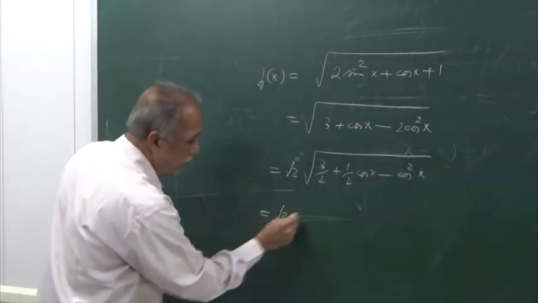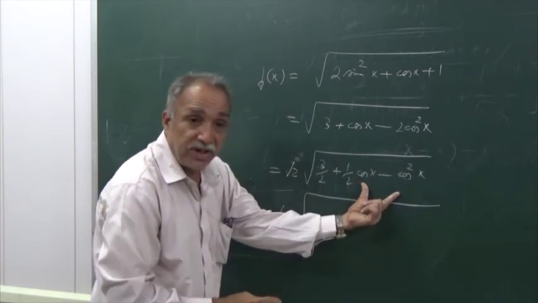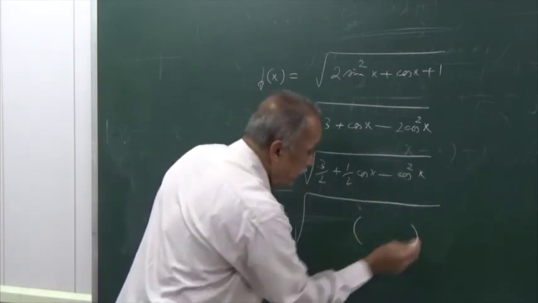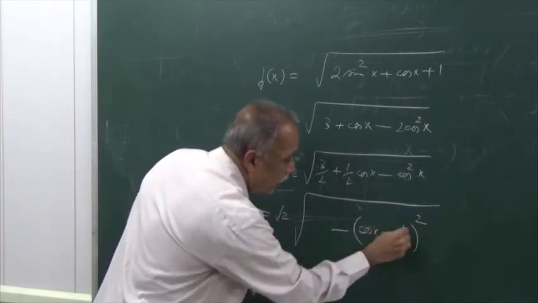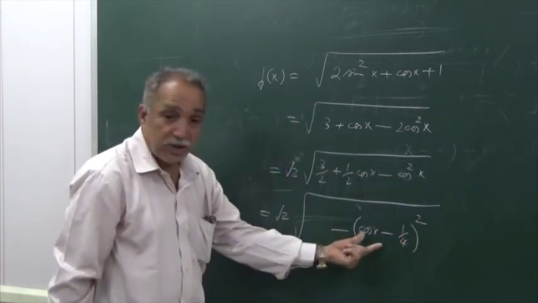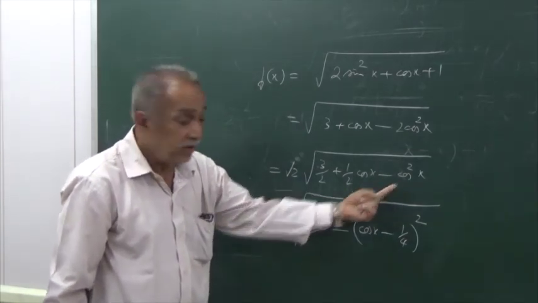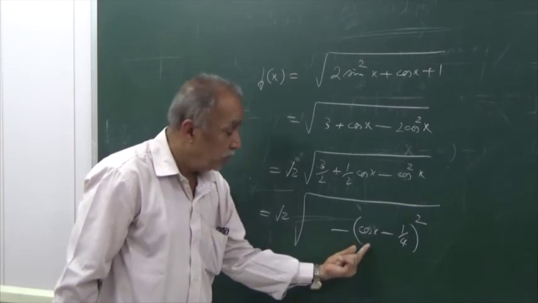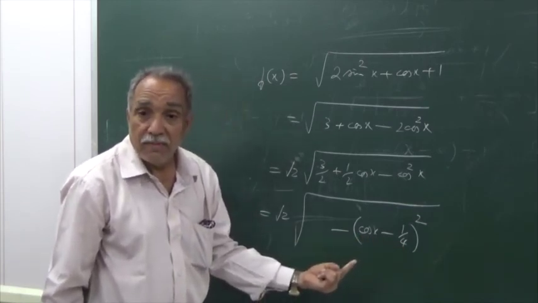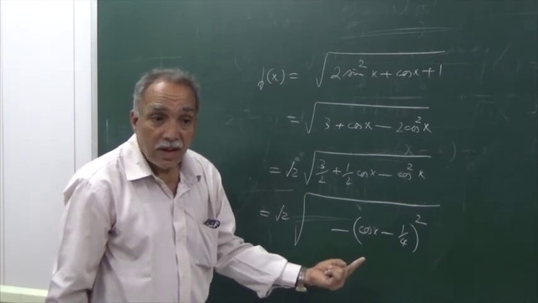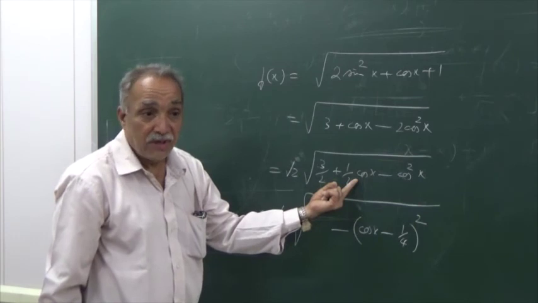Then try to obtain these two as two of the terms in the expansion of a perfect square. What do I get on expanding this? Minus cos square x as desired. Then the double product 2 into cos x into minus 1 by 4 is half cos x, its negative is as desired, plus half cos x.